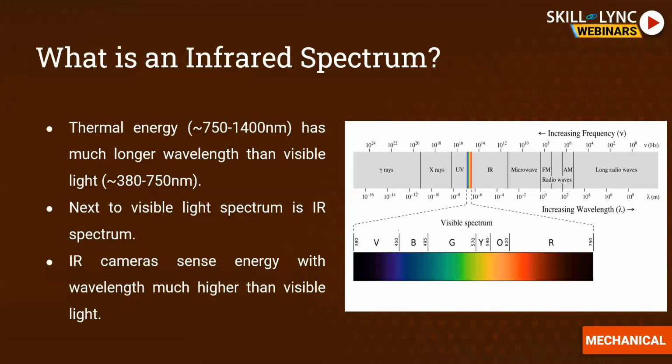IR cameras sense this IR spectrum and can capture wavelengths much higher than the visual spectrum. That makes it quite handy for researchers and engineers to use in the autonomous industry, because it can capture higher wavelengths rather than just the smaller range that a visible camera can detect.